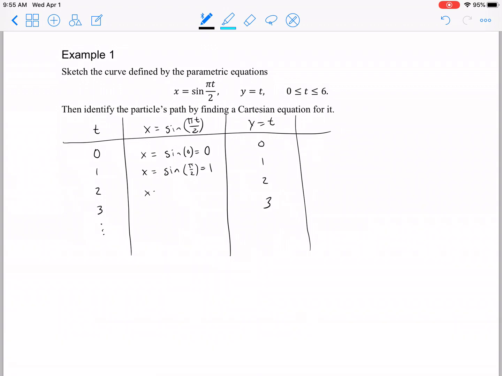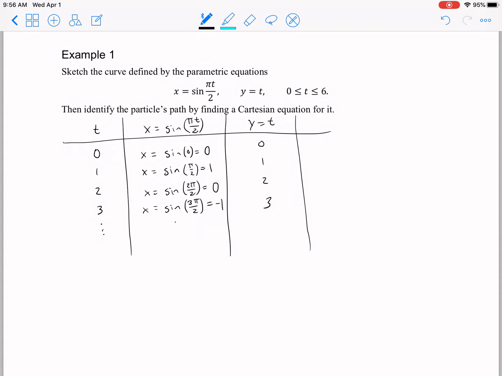And then x equals sine of 2 pi over 2, and that's just going to equal 0 again. And then x equals sine of 3 pi over 2, and that's going to equal -1 for us, and then 4 pi over 2, and so on and so forth.